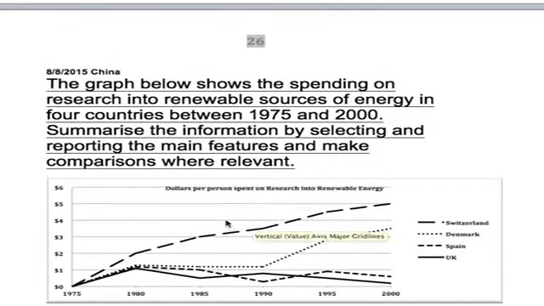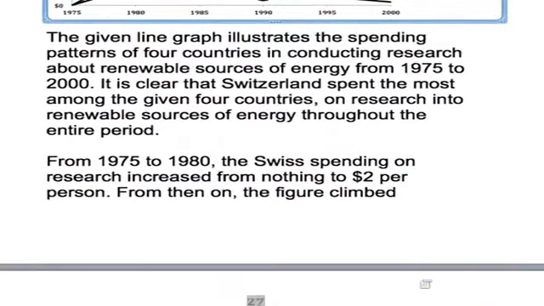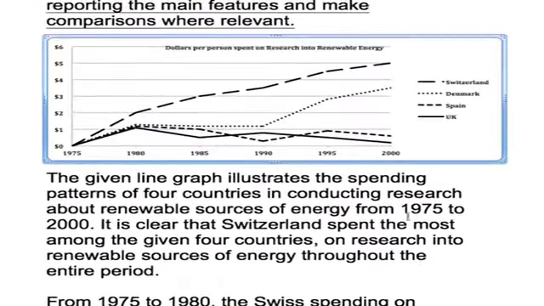Here it is. After that, this figure climbed steadily and reached $5. This is $5 per person. You have to mention per person by 2000.